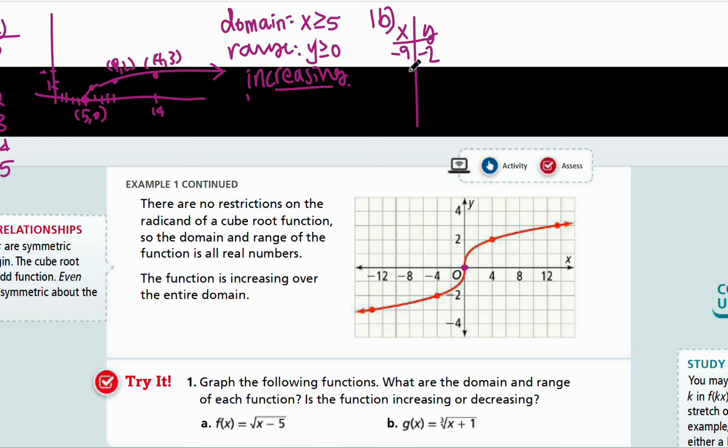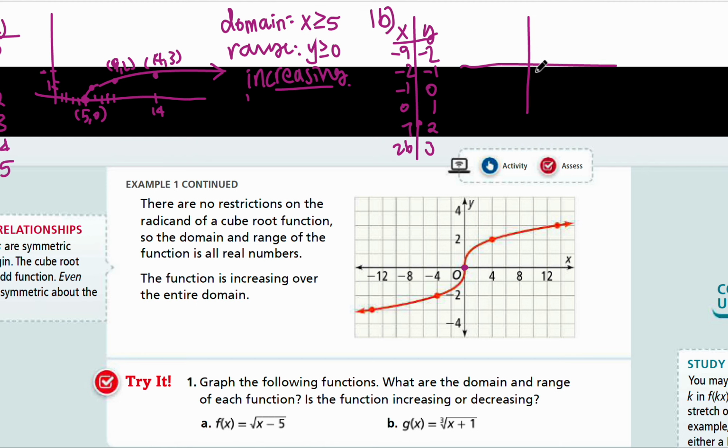And so that's 1 point, and then -2 will make it -1, and y would be -1, and then -1 becomes 0, and then 0, comma 1, and then 7 plus 1 makes it 8, and so the cube root of 8 would be 2, and 26, 3, and so on. And so if you graph this, it's going to look like this.